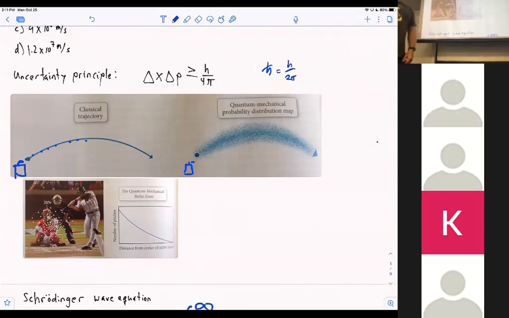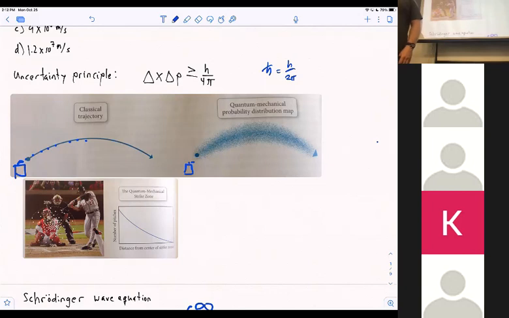But the uncertainty principle: X is position, P is momentum, your uncertainty in your position times your uncertainty in your momentum is greater than or equal to H, Planck's constant, over 4 pi. Another thing you might see is H bar, H with a diagonal line through it.